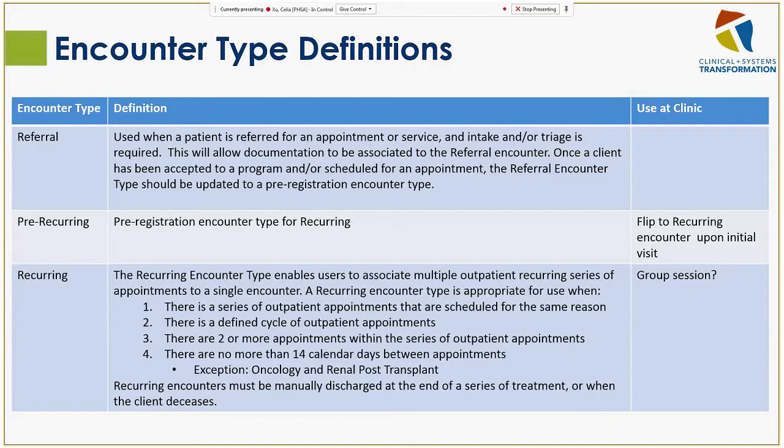For a recurring encounter, does it have to happen on the same day at the same time to be a recurring encounter, or can it happen at any time repeated over the 14 days? Anytime within the 14 days. So it doesn't have to be always on Wednesday, 9 o'clock. I assume that's what you're asking. As long as it's, say, within the next 14 days, you're seeing the patient again, then you're able to fit.